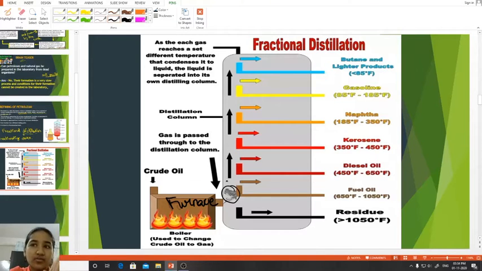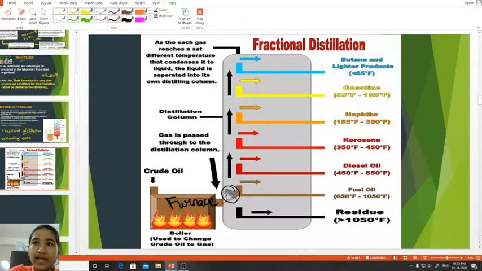The gas gradually moves up. When it has mixed with all the mixture of your kerosene, diesel oil, and all the oil, according to the gas, different constituents have different boiling points, right? So the heavier ones will settle first.